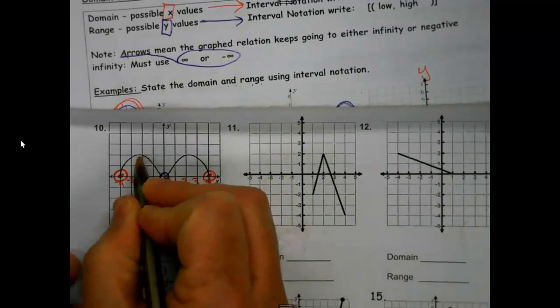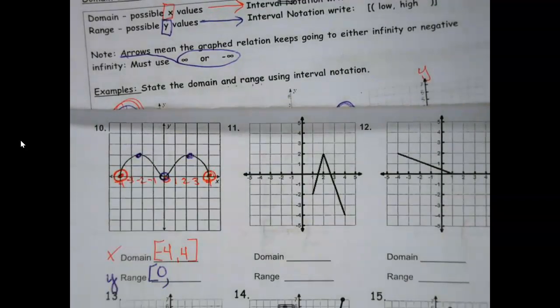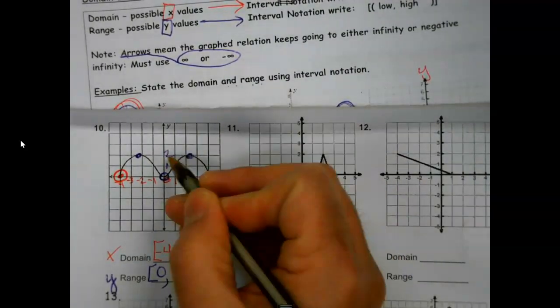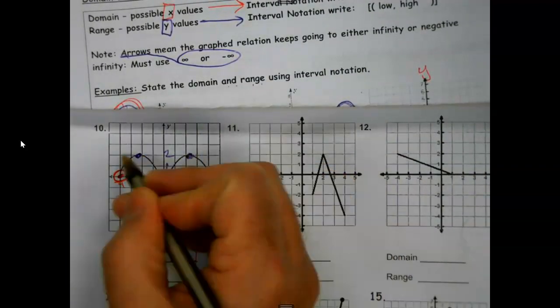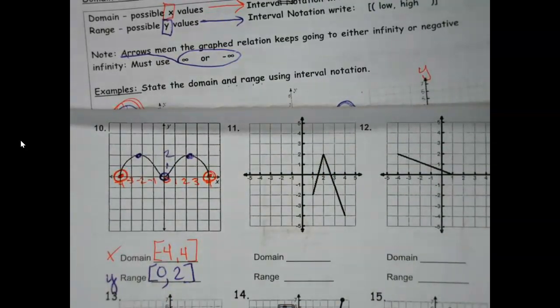The highest point looks like it's here or here. So 1, 2. Because again, I'm seeing how high it is on Y. So Y is lowest point, find the Y value. Highest point, still find the Y value. And we work it that way.